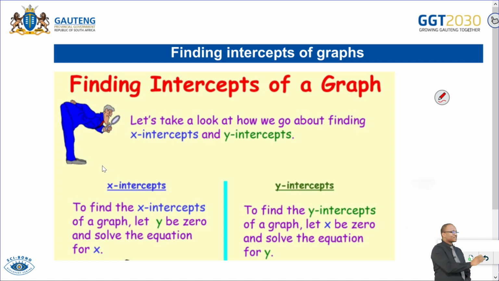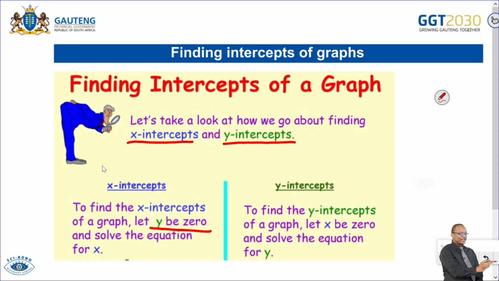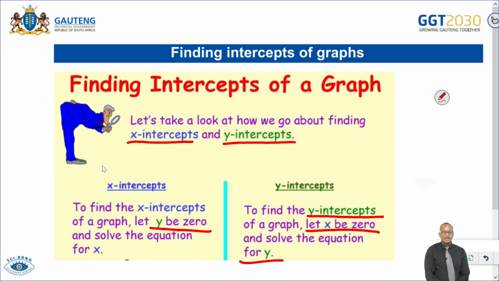To find the x-intercept of a graph, we let y be 0, and we solve the equation for x. To find the y-intercept of the graph, we let x be equal to 0, and we solve the equation to find y. Those are the few things that we have to remember as we answer our questions.